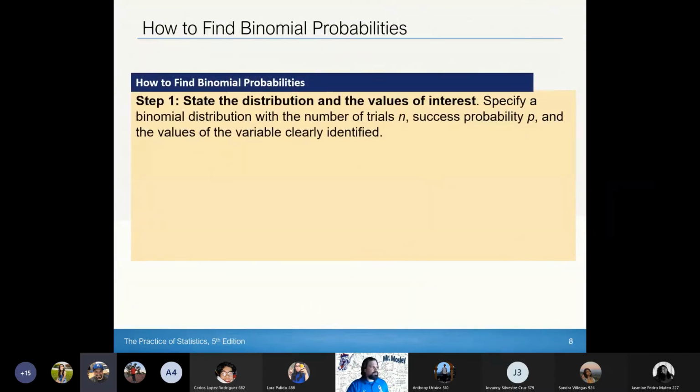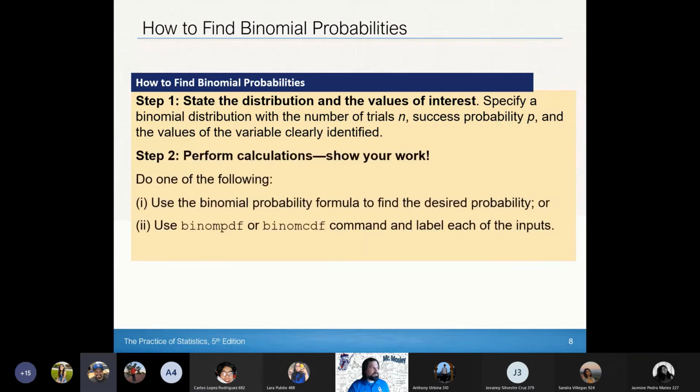So how to find the binomial probability. Step 1, state the distribution and the values of interest. Specify a binomial distribution with the number of trials n, success probability p, and the values of the variable clearly identified. Make sure that things you're using have been identified before you use them. That's a very important thing to do in math. Step 2, perform calculations.